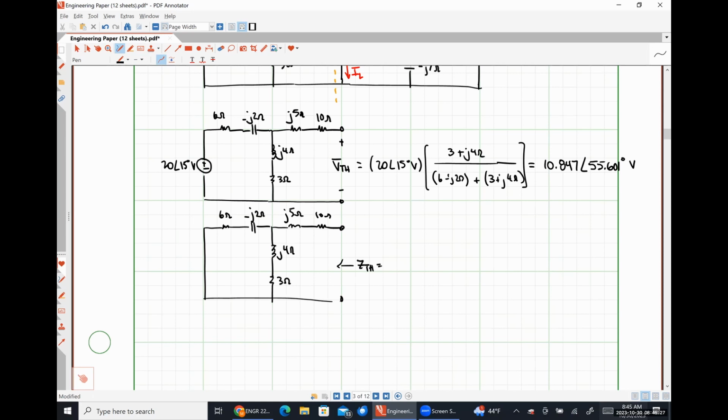So looking in here, I see 10 plus j5 ohms plus the parallel combination of (3 plus j4) times (6 minus j2) over (3 plus j4) plus (6 minus j2).